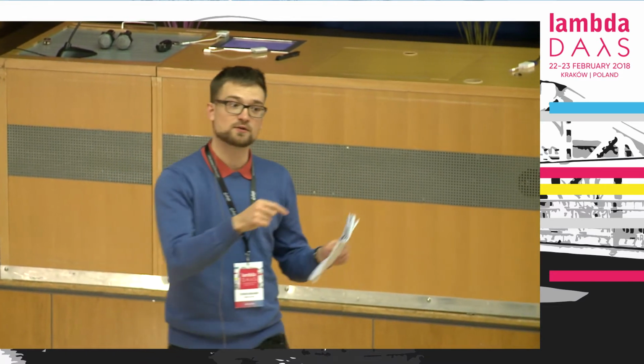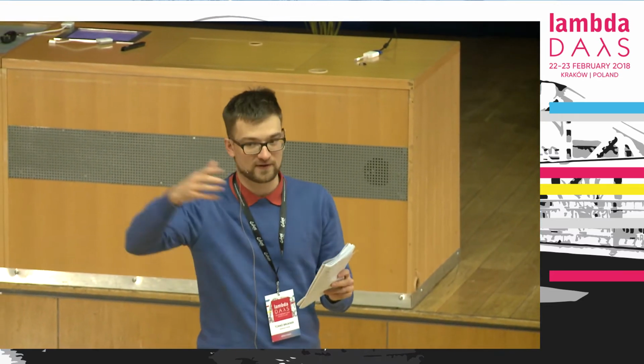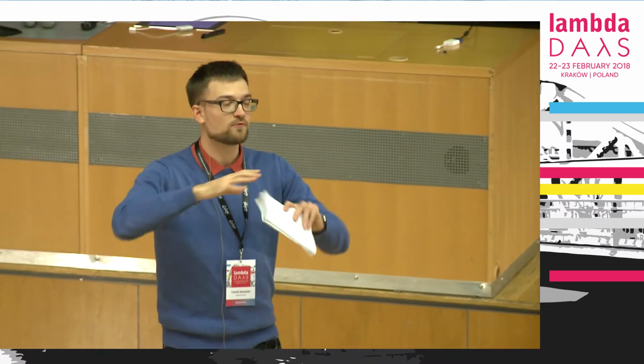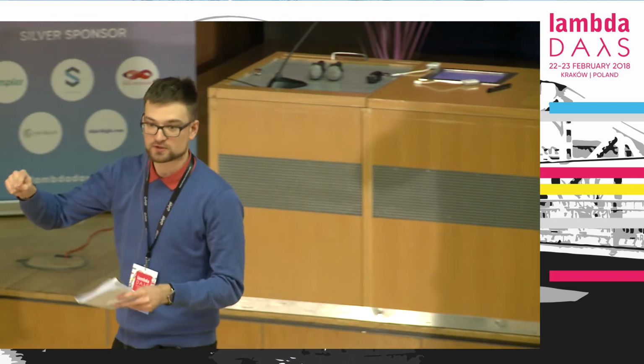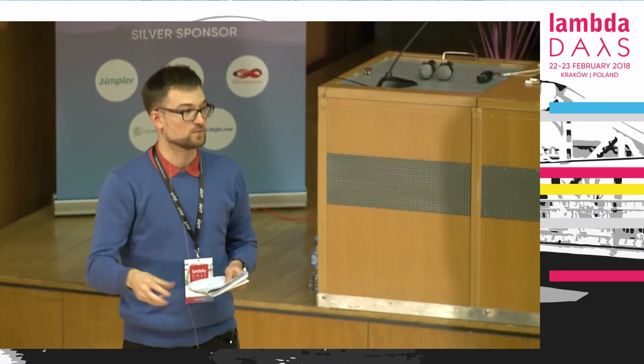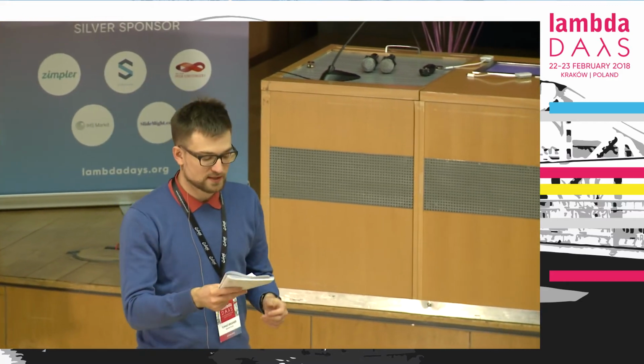Now, in order to calculate this, you don't only need to know what functions are being called directly, but you also need to know who calls you, who calls the function that you're processing. And for that, you need to know for every function there is, which other function it calls, so that you know who's calling you.